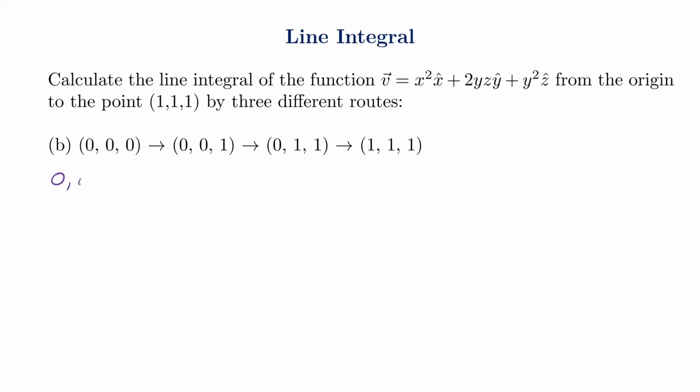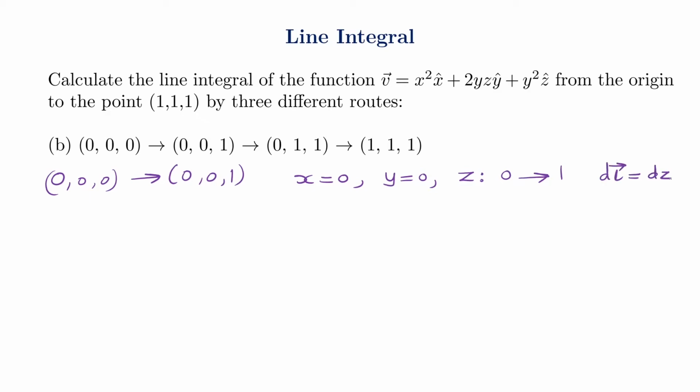In going from 0, 0, 0 to 0, 0, 1, we know that x is equal to 0, y is equal to 0 and the value of z changes from 0 to 1. From this, we can write dl as equal to dz z hat.